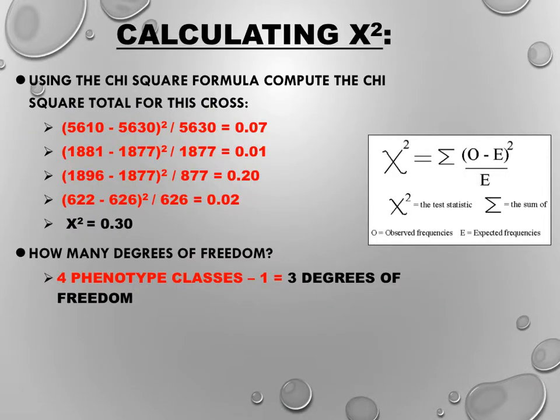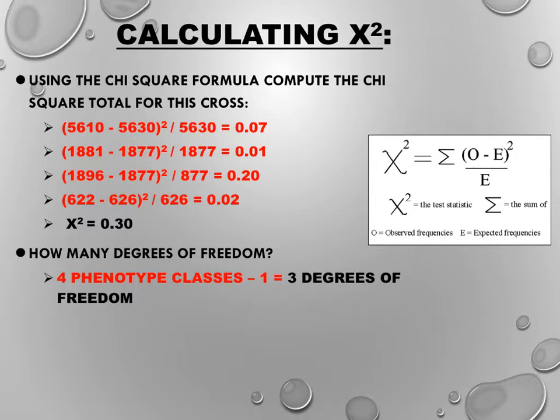Okay, so now if we went through and did the actual calculation for chi-square, remember the formula says that it's a summation, first of all, but it's the observed numbers minus the expected numbers, all squared, divided by the expected number. And for each different phenotype, the resulting number of this part of your formula, we're going to add all those numbers together to give us chi-square.